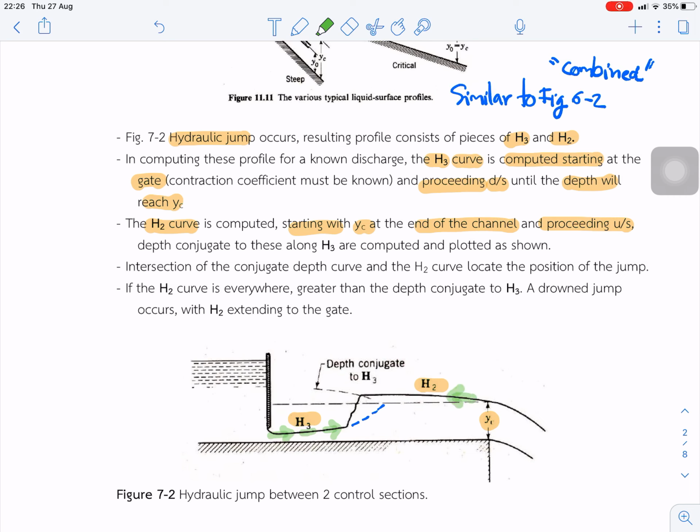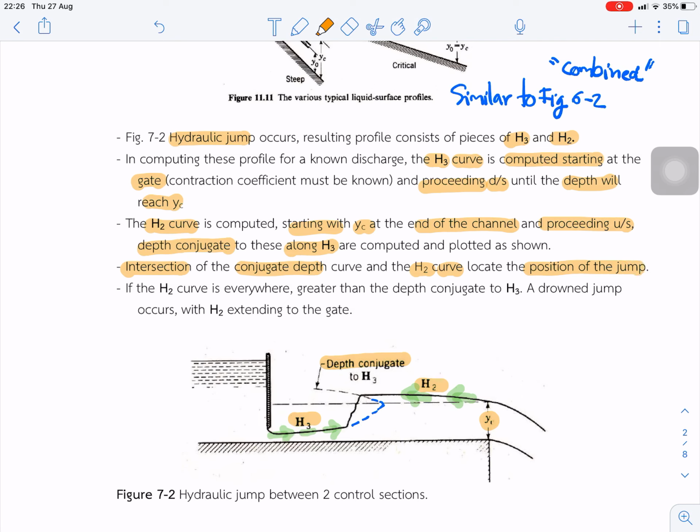Then we find the depth conjugate to H3 along the H3 curve and compute as shown. The intersection of the conjugate depth curve and the H2 curve locates the position of the jump.